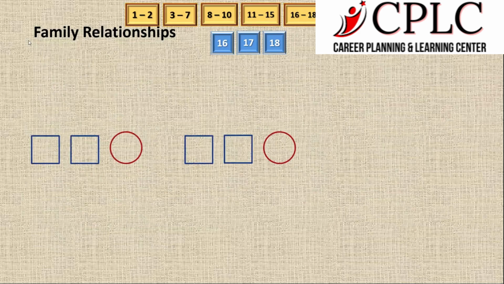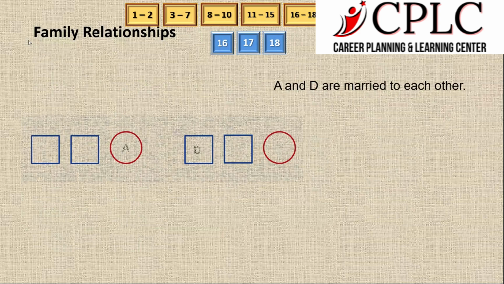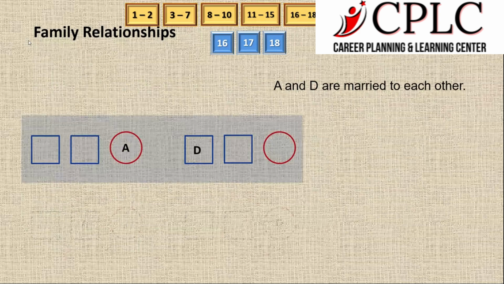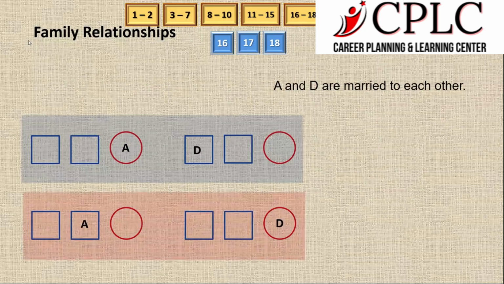There are two possibilities. The first possibility is that A and D are married to each other, hence we don't know the gender. So we can take A as female and A as male. The first possibility is A as female and D as male. The second possibility is A as male and D as female.